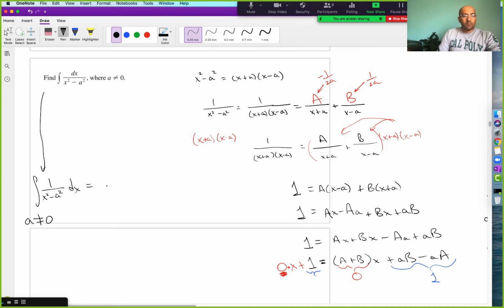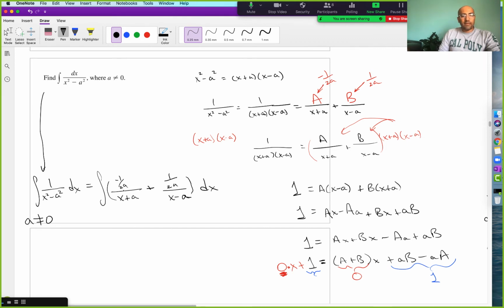Okay, so based on our work, we know that this is equal to the integral of negative 1 over 2a divided by x plus a, plus 1 over 2a divided by x minus a. And the whole thing has our dx in there.